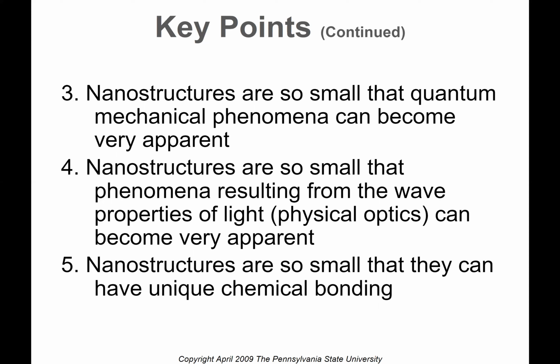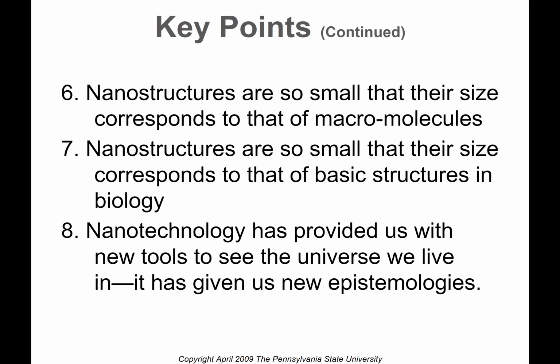They are so small that phenomena resulting from the wave properties of light can become very apparent. They are so small that they can have unique chemical bonding. Their size corresponds to macromolecules, so like molecular sizes, right? And their size corresponds to that of basic structures in biology.